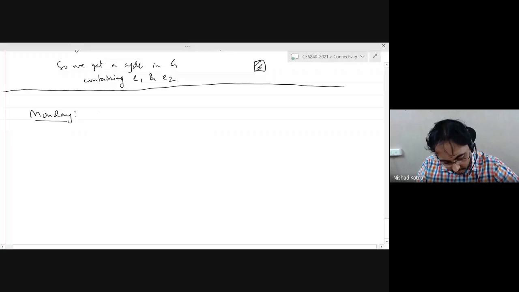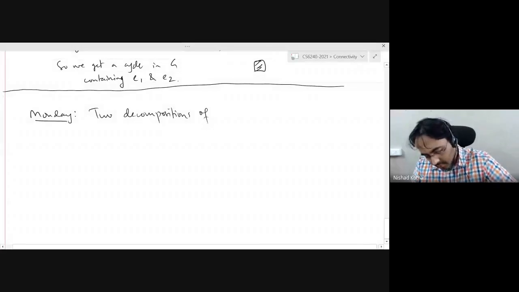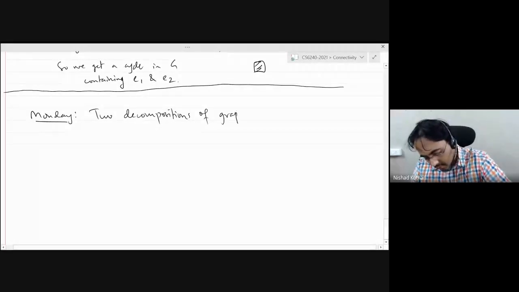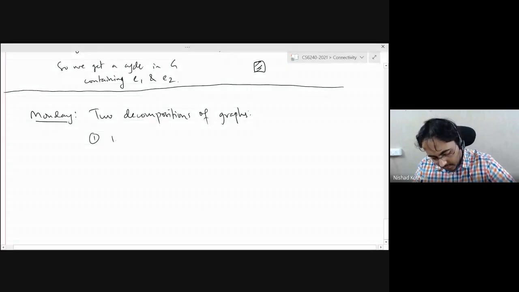We will discuss 2 decompositions of graphs. The first one is something that perhaps all of you may have seen in a previous course on graph theory. It's called the block decomposition.